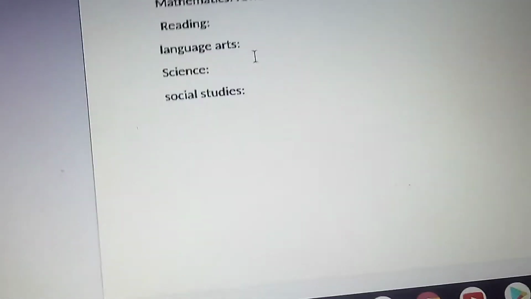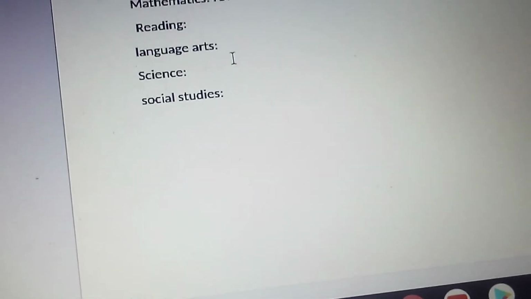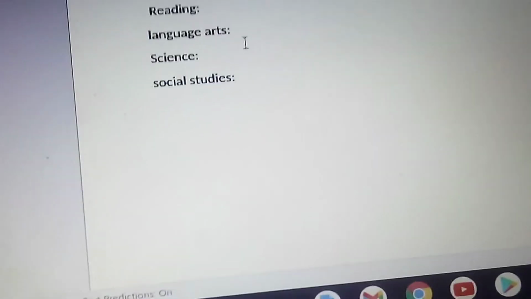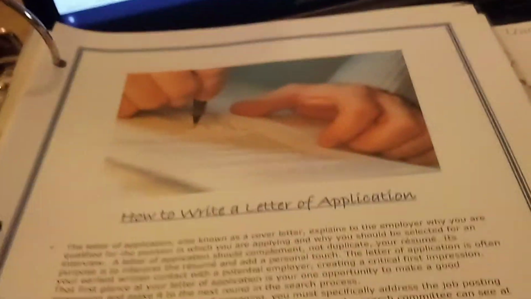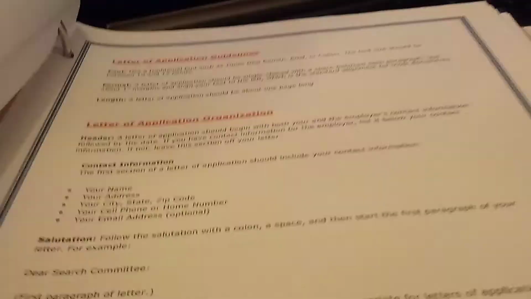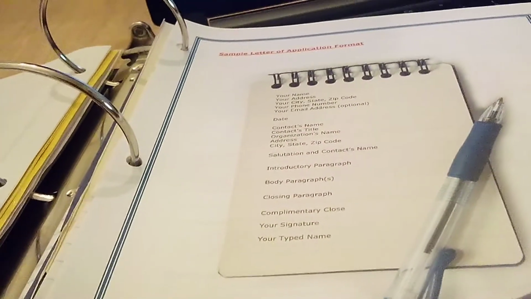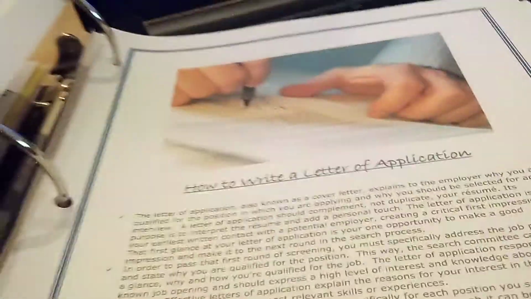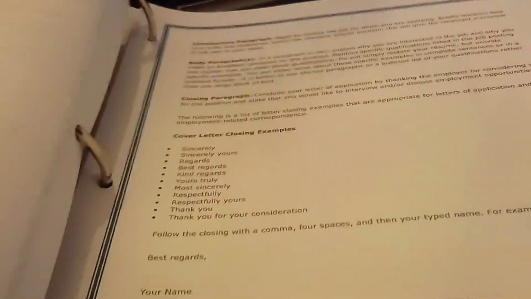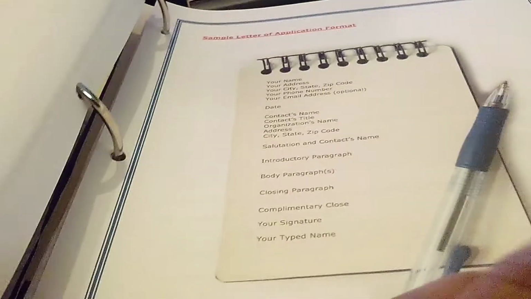So that's pretty much it. So, like an application, they're going to learn how to make their own and so forth. So that's what we're going to work on. Pretty much. Trying to find the first page to the other one.